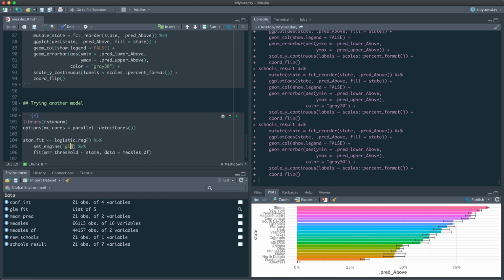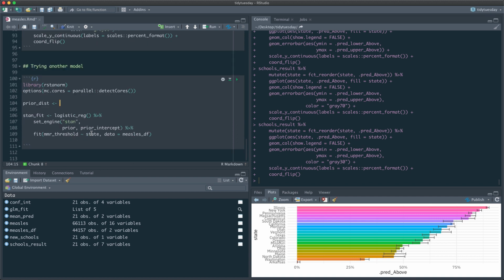And we set the engine to Stan. Everything else stays the same. Well, I guess we should set priors. So I think there's two things: there's prior and prior intercept. And let's make a prior dist.